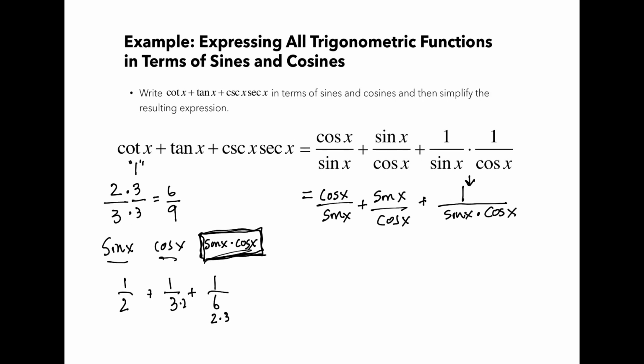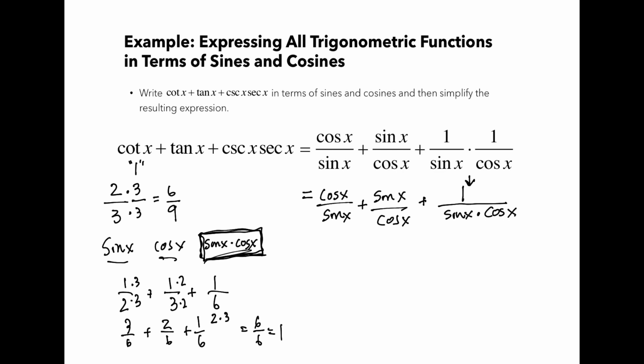And so I can multiply the top and the bottom here by 2, and I can multiply the top and the bottom here by 3. And that will give me that common denominator: 3/6 plus 2/6 plus 1/6. And so that would give me 6/6 or 1. So at any rate, that's kind of that process.